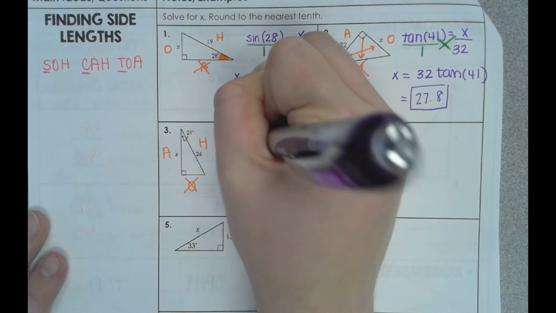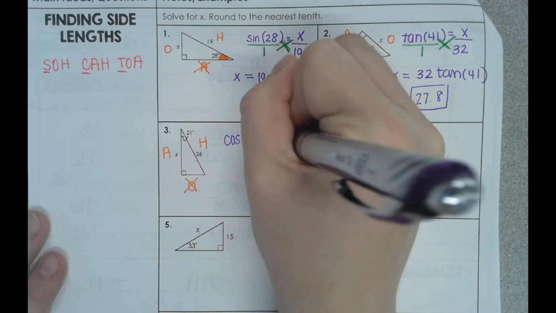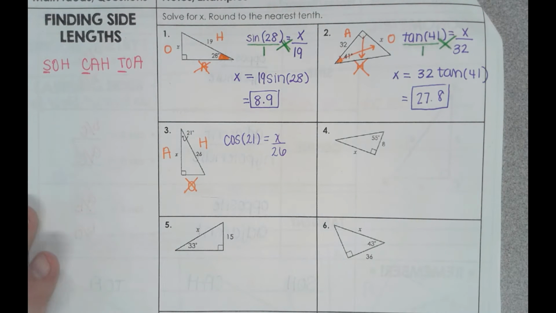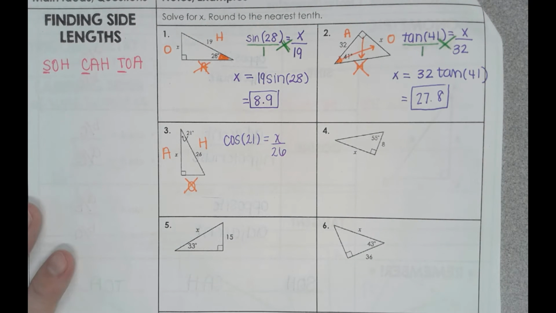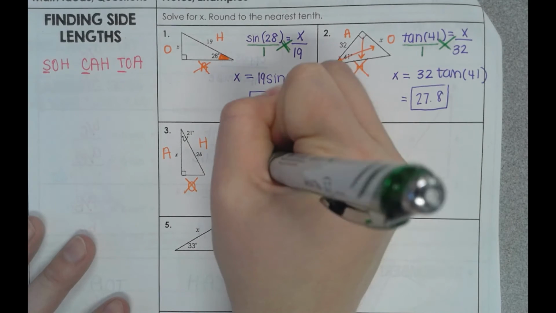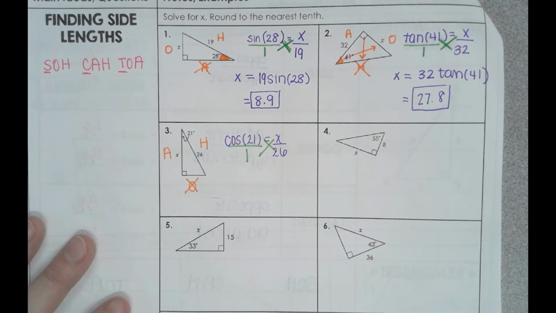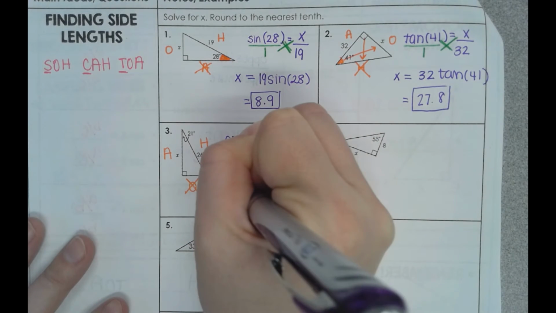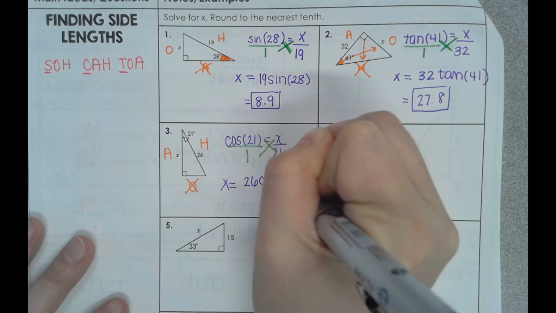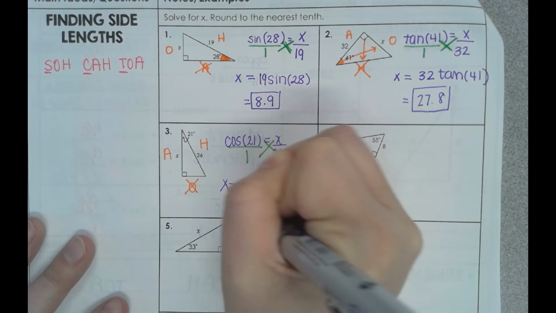Cosine of 21 equals x over 26. Put a 1 under there and cross multiply. We get x equals 26 cosine 21.